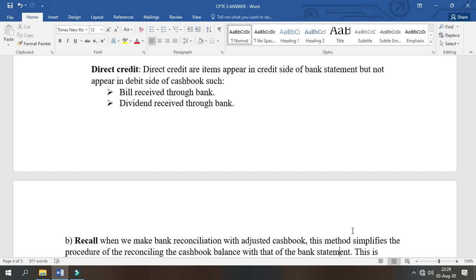Before starting to solve this question, let me remind you how to make a bank reconciliation. Dear viewers of this PATERA TV, when we make a bank reconciliation, we adjust the cash book. This method simplifies the procedure of reconciling the cash book balance with that of the bank statement.